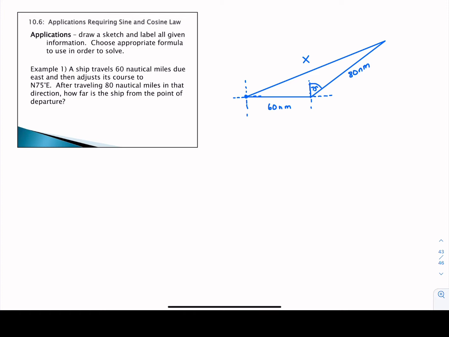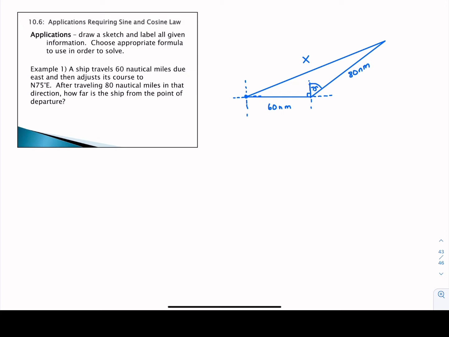So that's a 75 degree angle, but that's not the angle of the interior of this triangle, because I know that there's a 90 degree angle just to the left of it. So we've created quite an obtuse angle here. If I know that this is a right angle because I've traveled north 75 degrees east from there, I can add together the 90 degrees with the 75 degrees to get a total of 165 degrees.